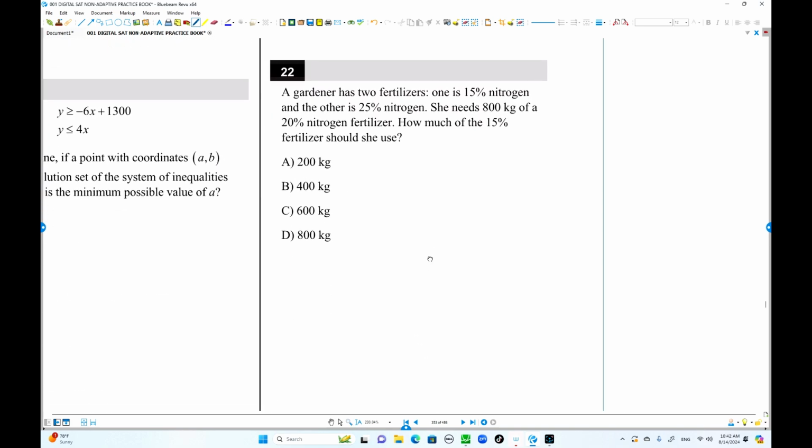Here is number 22, percent of solution, right? We have two fertilizers. One is 15% nitrogen, and another one is 25% nitrogen, okay? When you mix them, the total is 800 kilograms, but the concentration is 20% nitrogen, okay?